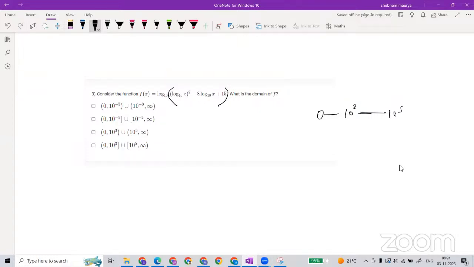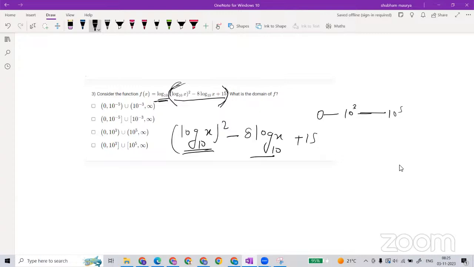Okay, so let's see here. This is the main outer log, and inside it, this log is for the whole expression. That means this should be positive. This should be positive means the whole square minus 8 log x plus 15. This is base 10 here.